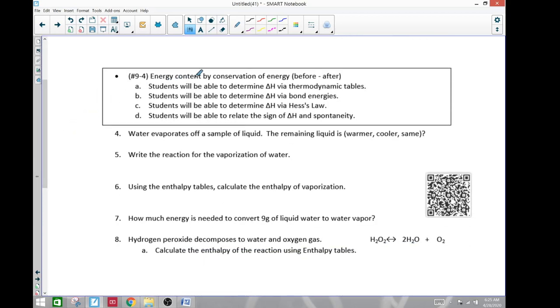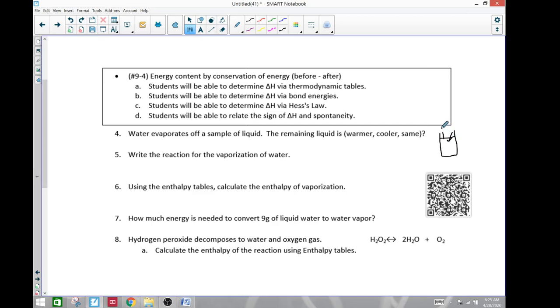So energy by conservation. This is the general situation where there are multiple ways to calculate delta H. Water evaporates off a sample liquid. The remaining water is warmer, cooler, the same? All right, so we have water, and first of all we're only breaking bonds here.